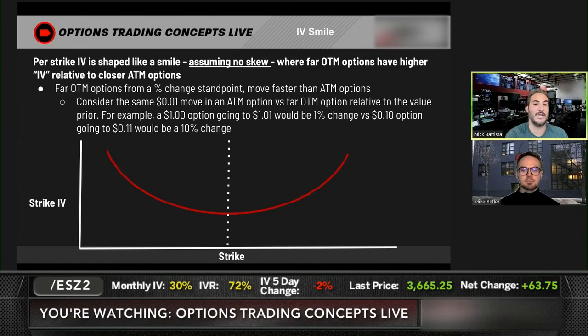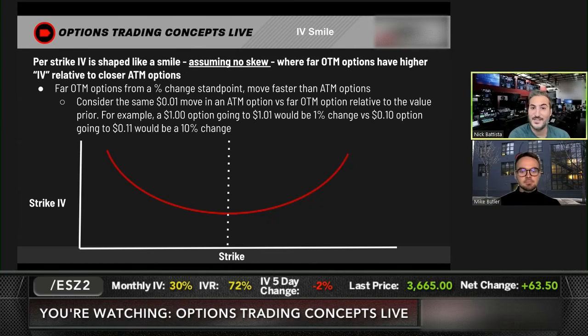So far out of the money options, from a percentage change standpoint, move much faster than at the money options, even though the actual nominal dollar move is much lower. The percentage of the value of that option is much greater. When you consider a one penny move in an at the money option versus an out of the money option, if the at the money option is trading at $1 and it goes to $1.01, that's a 1% change in the option's value.